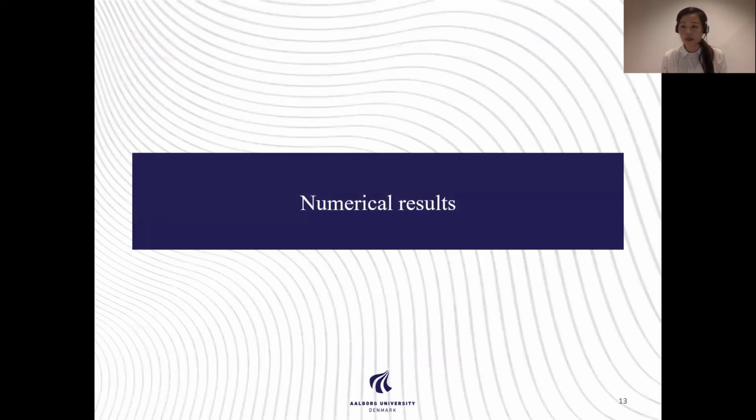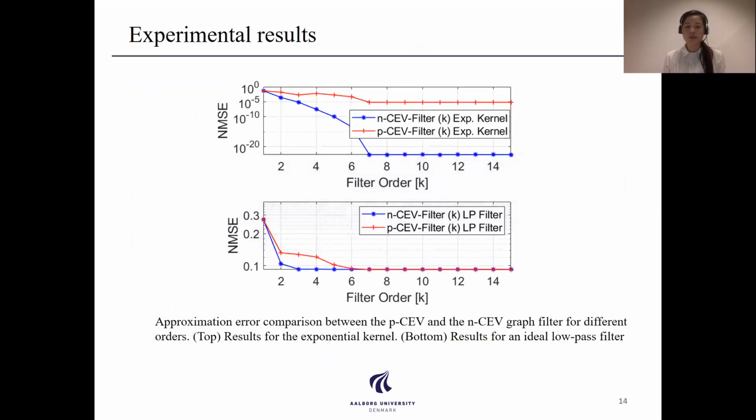All right, now let's go to the numerical results. The first experiment we conduct is to show the approximation error between the proposed constrained edge variant graph filter and the non-private-preserving, traditional constrained edge variant graph filter, using different filter orders k.